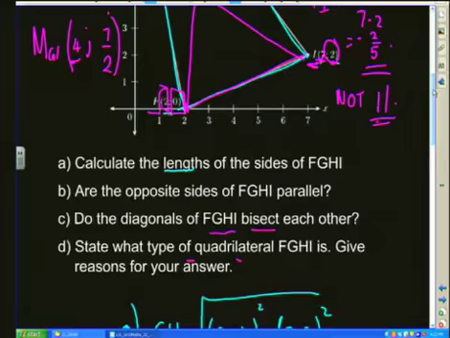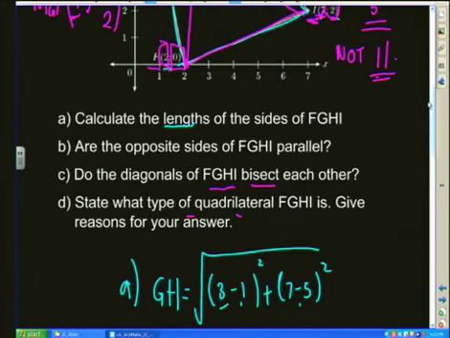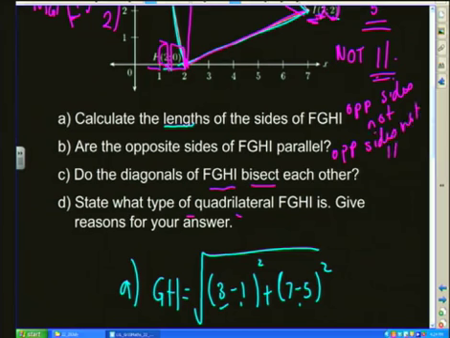Now, guys, if you look at the proof and what we've just shown, firstly, in part A, we've shown that your opposite sides are not equal. We've also shown opposite sides not parallel. And we've also shown that diagonals do not bisect each other.